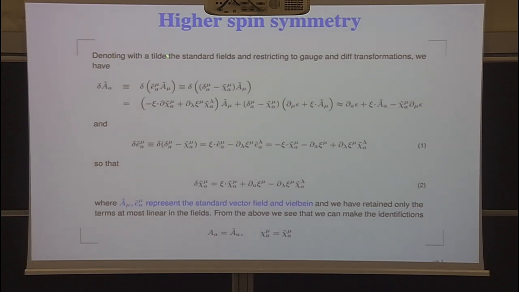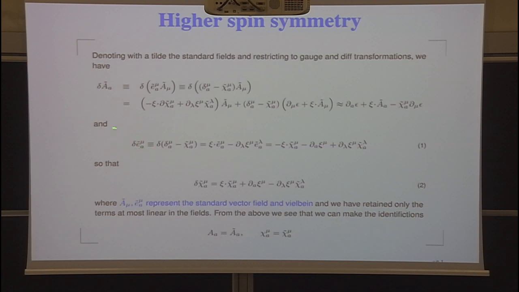And now this lends itself to interpretation in terms of gauge field and fermion. If we transform the ordinary gauge field in this way, this tilde means the ordinary gauge field, not the one that I introduced, but an ordinary one. And the transformation becomes this.